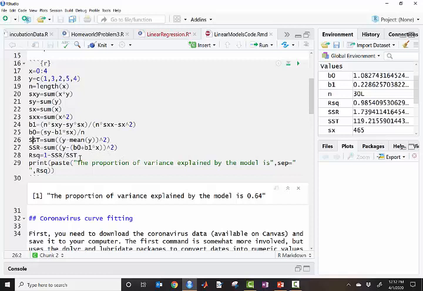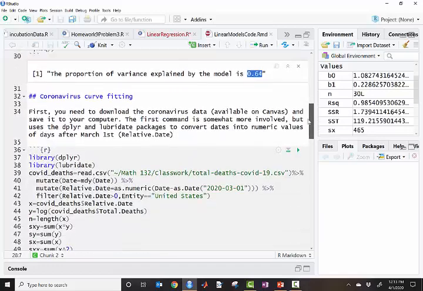And then R squared is 1 minus the ratio of those two quantities. And in this case, we end up with a value of 0.64, which means that the x's in our case, whatever they are in this toy application, explain about 64% of the variability in the y's. Right? Now, whether or not that's statistically significant is a question we'll examine in the next video.